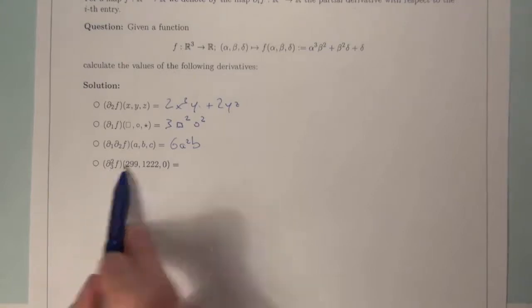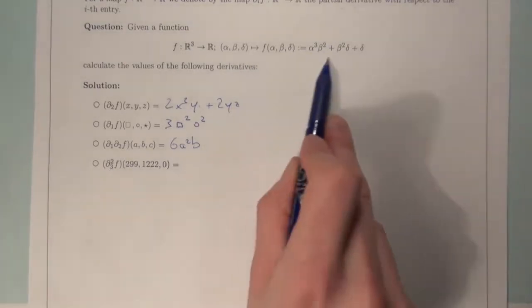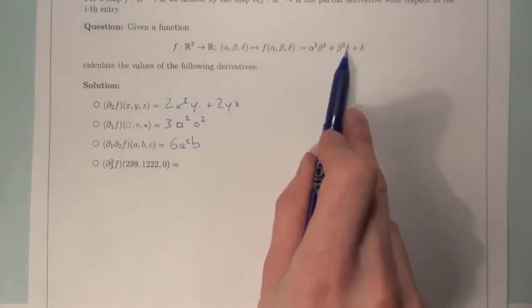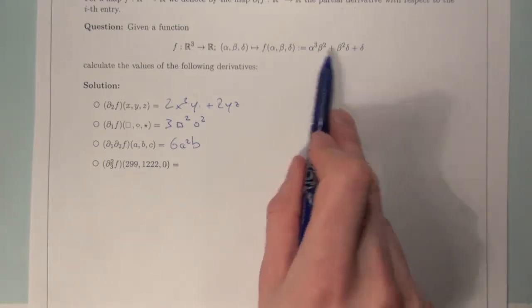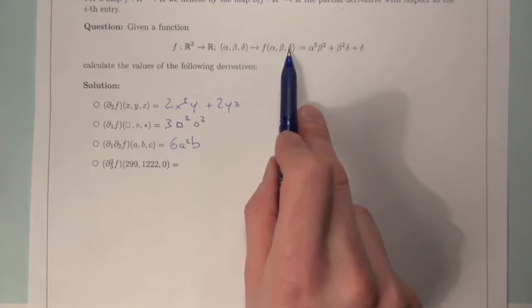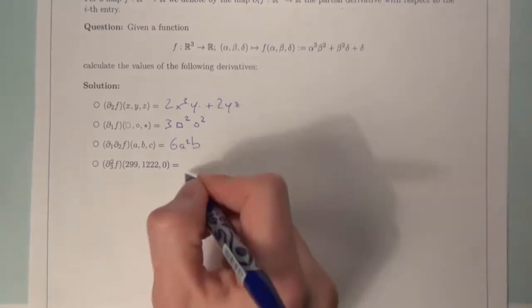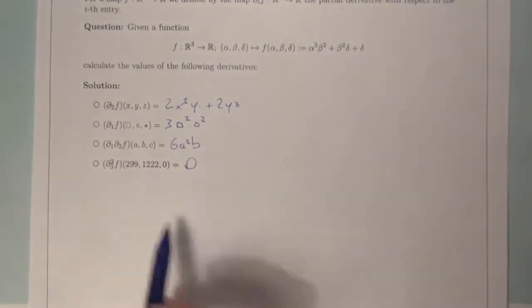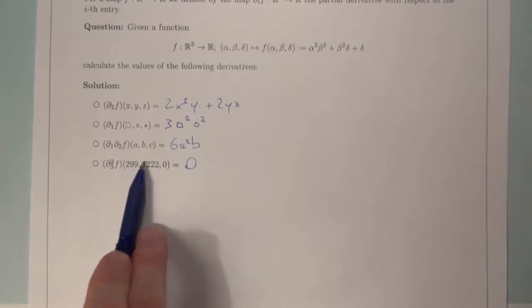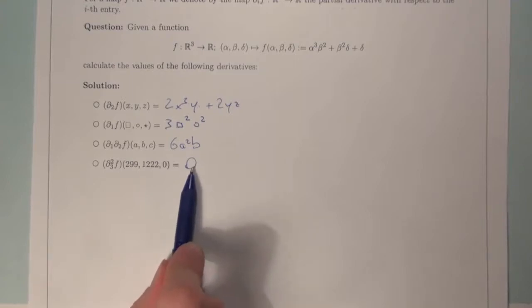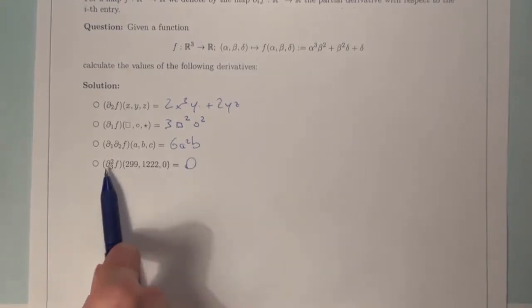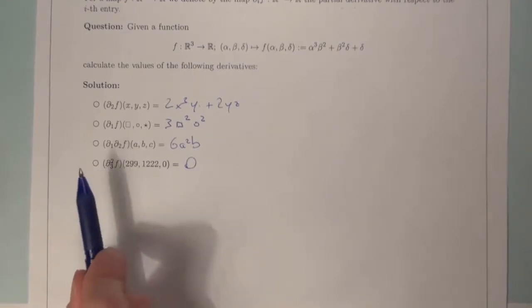So the first derivative yields beta squared plus 1, and we derive again with respect to delta, that's 0, and therefore the result is 0, but not because we plugged in the numbers first and then derived some constants which yield 0, but it's 0 because the second derivative itself was the 0 function.